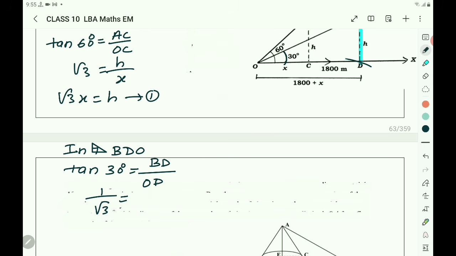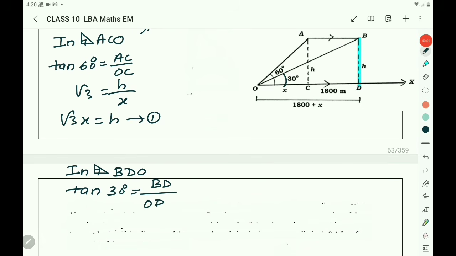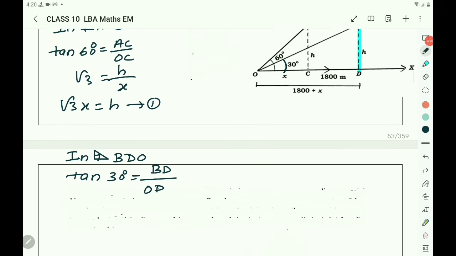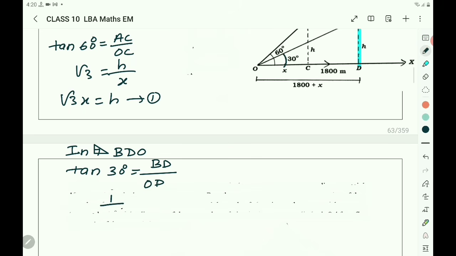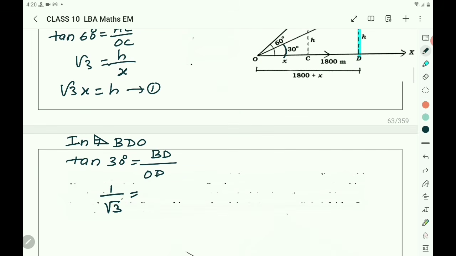Tan 30 value is 1 by root 3 equals BD. BD is to be found out, that is H, by OD.